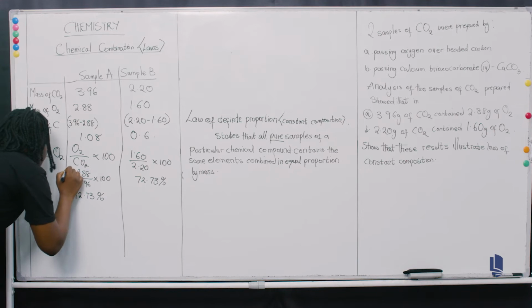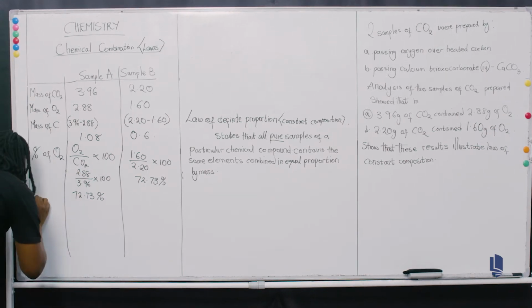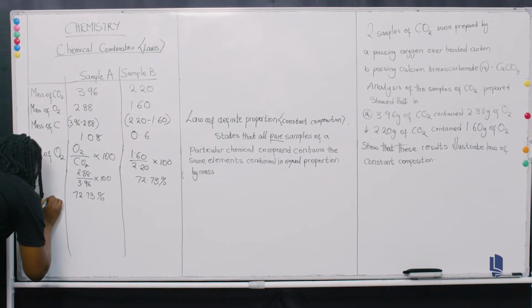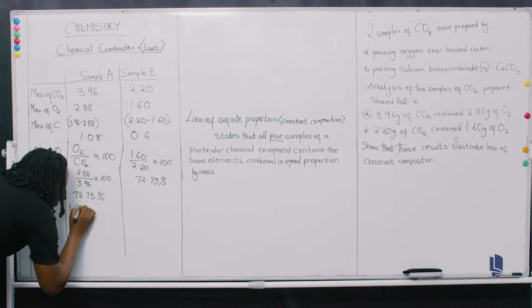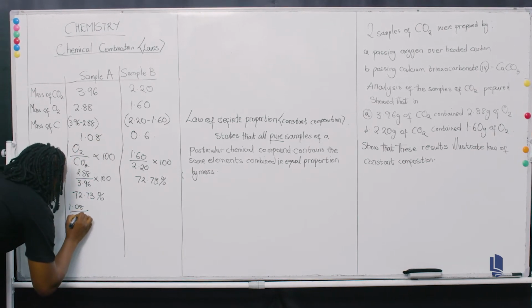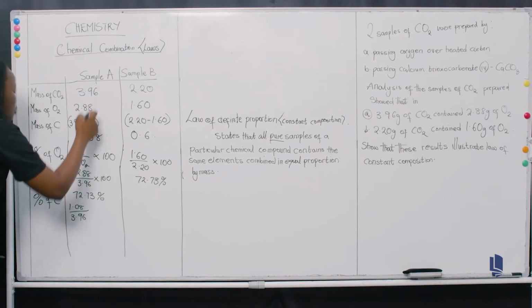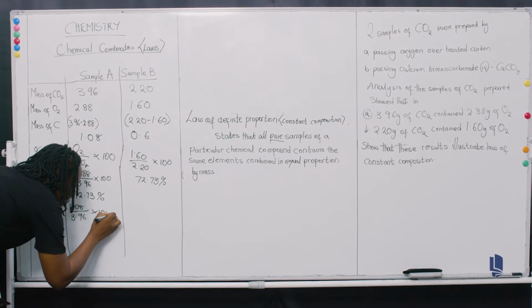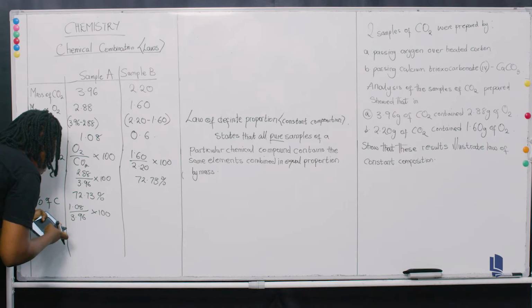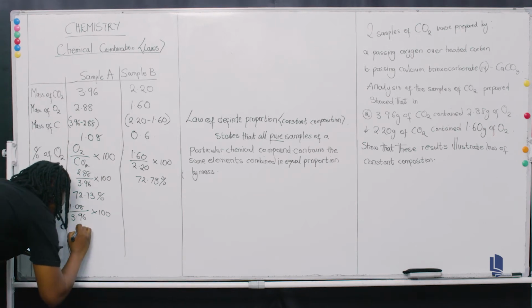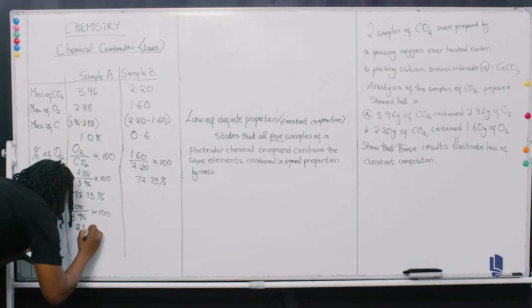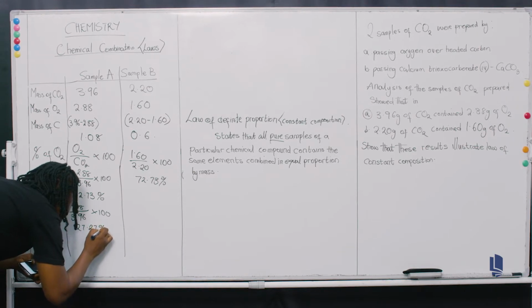Let's do for carbon. By now you should know for carbon we would also get the same thing. Carbon is 1.08 over 3.96, which is mass of CO2, multiplied by 100. That's 27.27%.